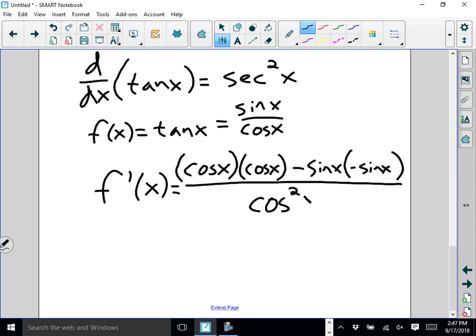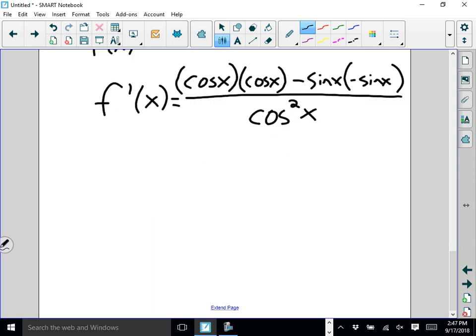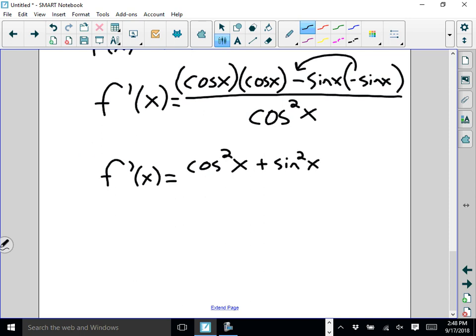Well, simplifying this thing down a little bit, I see I get cosine squared x. Notice I can throw this minus in that parentheses out front. Negative sine x times negative sine x is a positive sine squared x over cosine squared x. Now again, right now this does not look like secant squared, but remember your trig IDs.